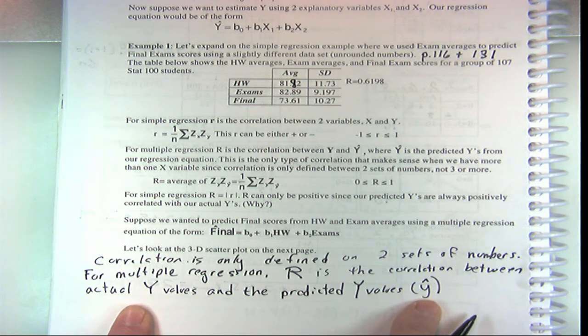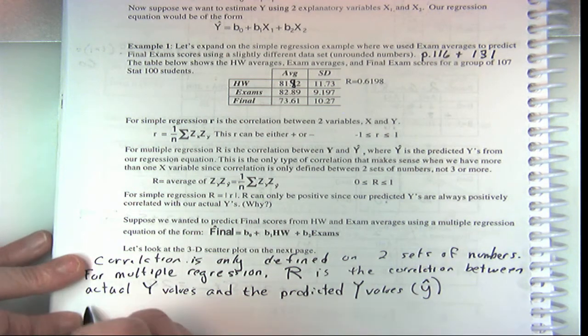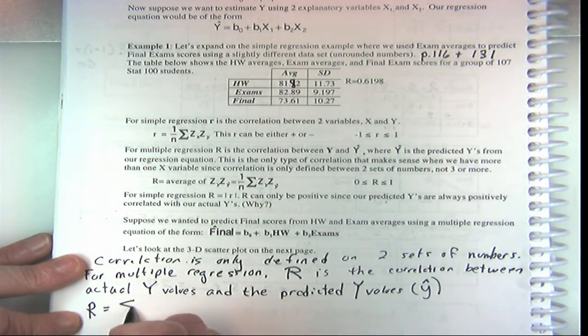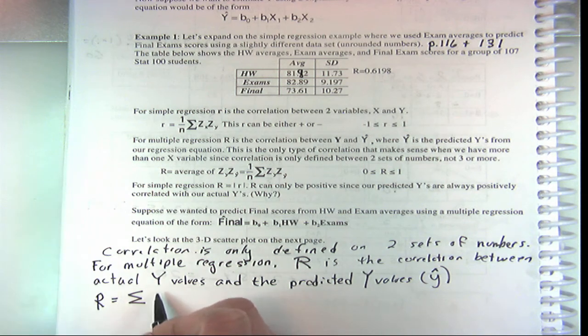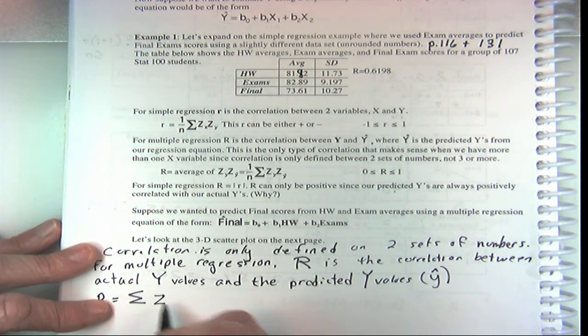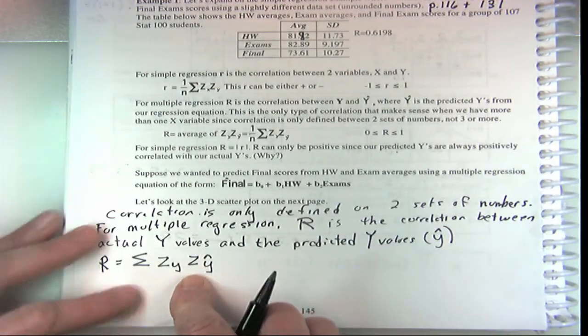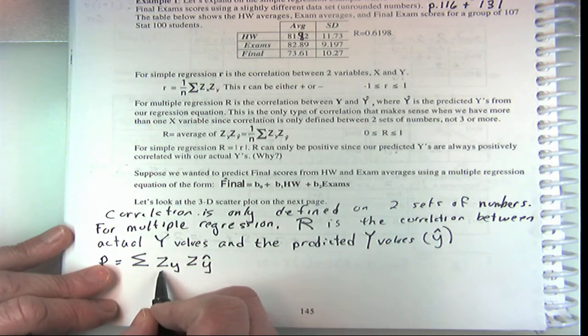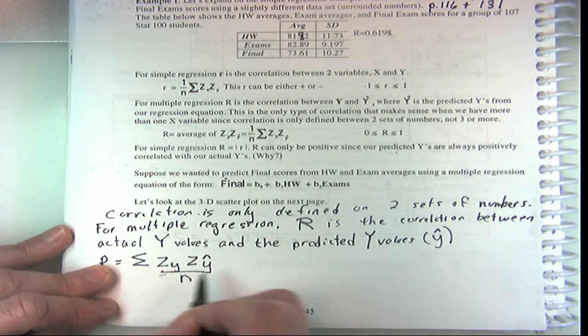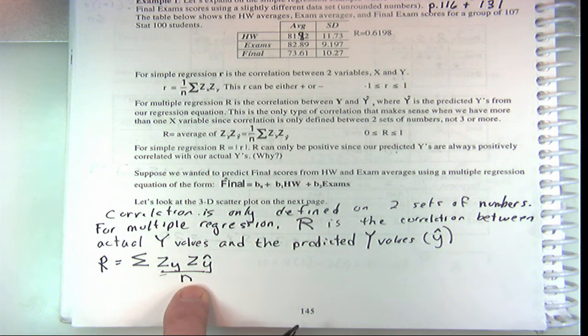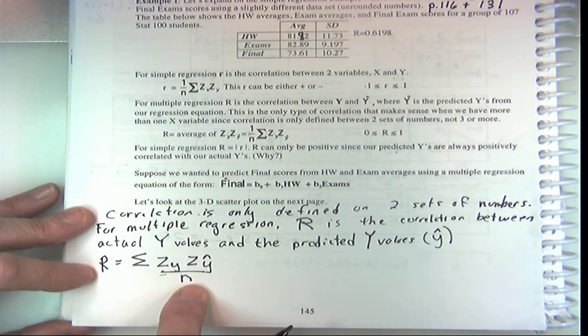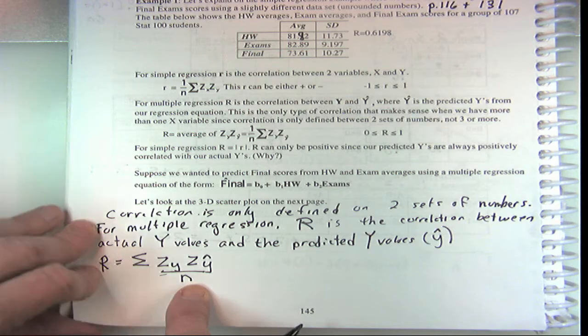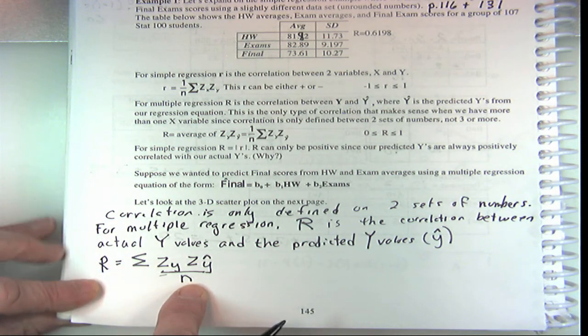And R is equal to the sum of, what do you do? You change those both to z-scores. These are your actual y's, and these are your predicted y's. So it's still the product of the z-scores, the average. You sum those all up and divide by however many there are. But now, R can only be positive. Why? Well, think about it.